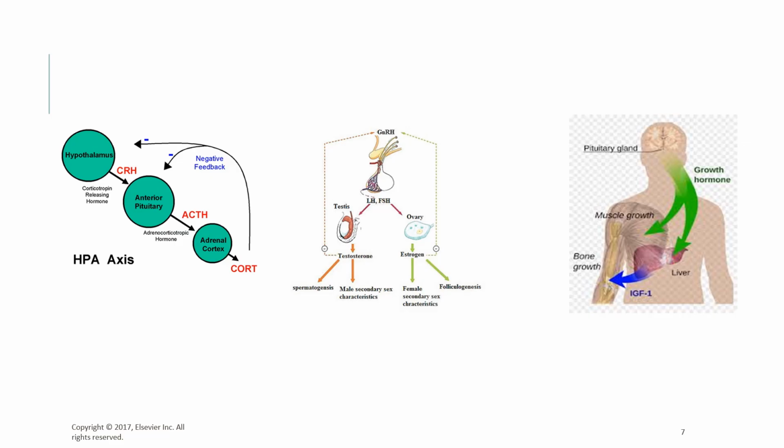When we perceive a threat, corticotropin releasing hormone is released from the hypothalamus. CRH is produced within the paraventricular nucleus of the hypothalamus, and with its release, this triggers the release of adrenocorticotropin hormone, or ACTH, in the pituitary gland.